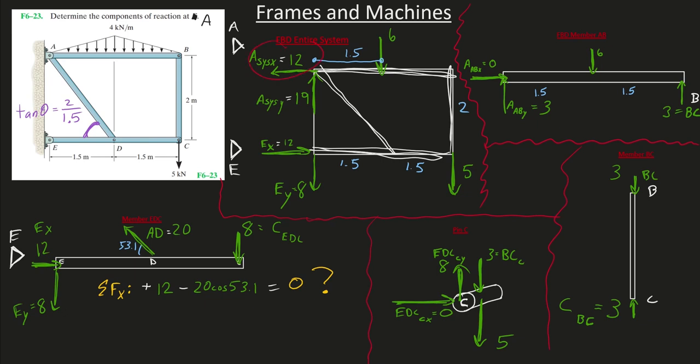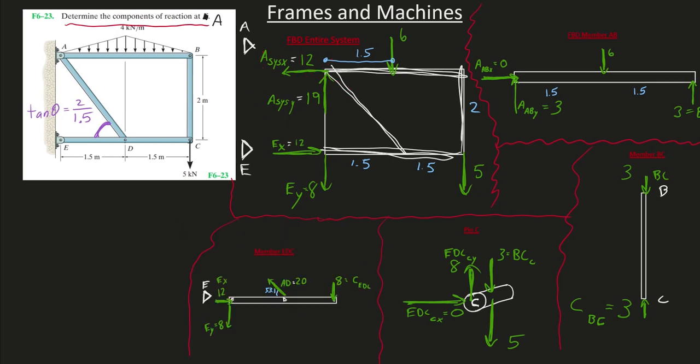So these two are my answers. These two are the components of the reaction at A, the effect that A exerts on our system. And we can actually check this and verify that it is correct, kind of similar to how we did here. So let's do a free body diagram on that support reaction A. Just keep in mind Newton's third law here.